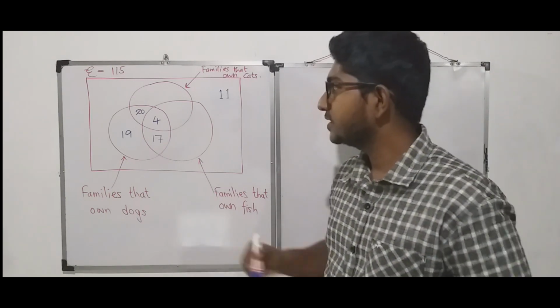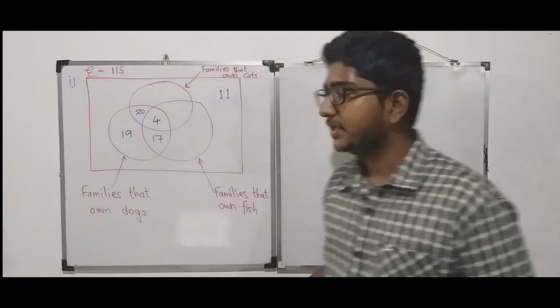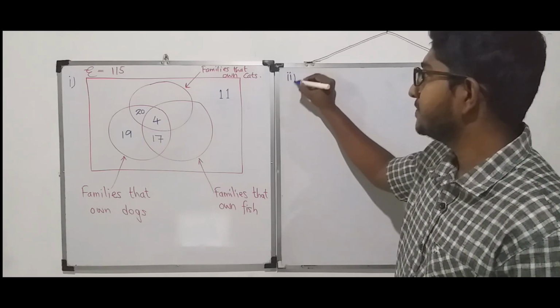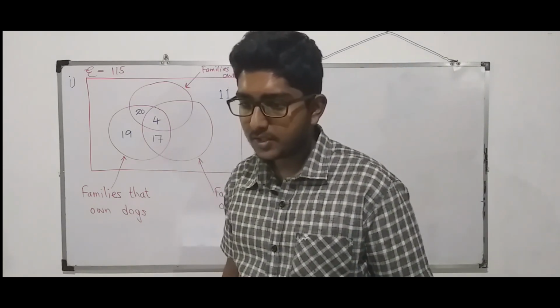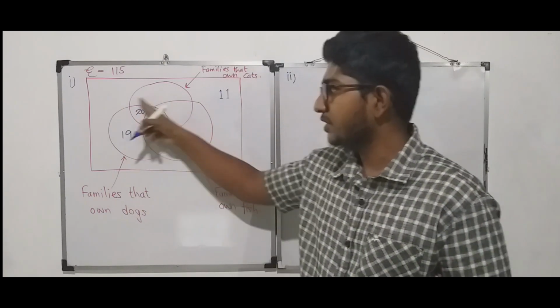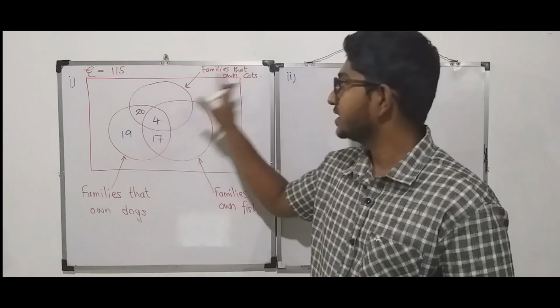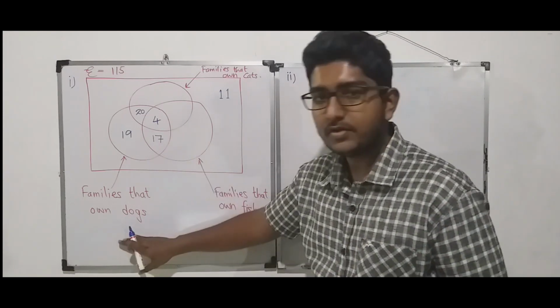In the first question, they want us to draw the Venn diagram and include this information. This is what we have already done. In question 2, the number of families that own dogs. They might have dogs and cats or dogs and fish, but still they have dogs.